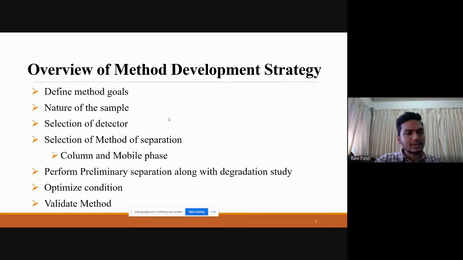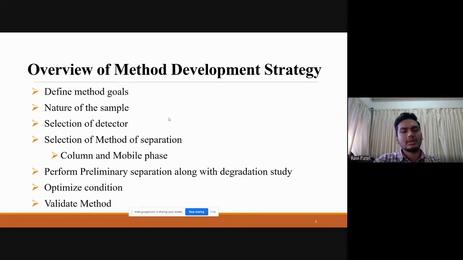The next thing is selection of mode of separation. As we all know, there are two modes of separation. One is normal phase HPLC. The second is reverse phase HPLC. According to the nature of our sample, we select one of them.